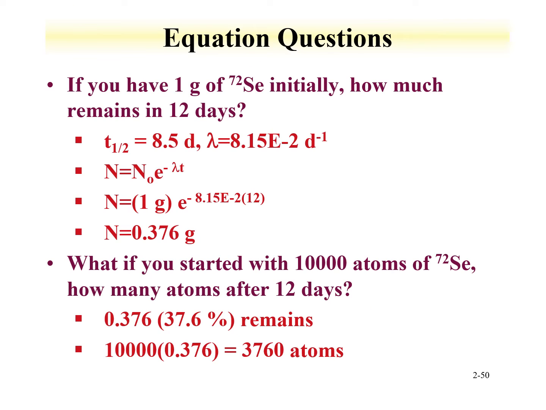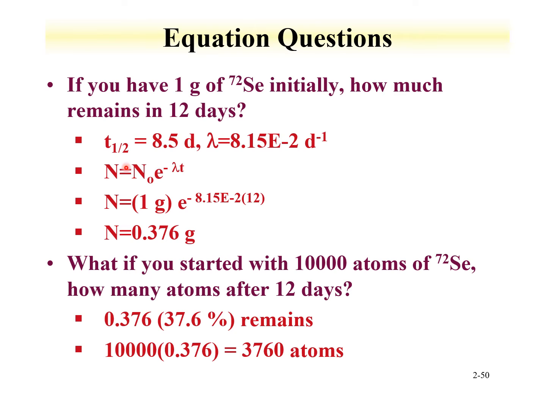Based upon some of the equations that we've reviewed, one should be able to answer some of the following questions. For instance, if you have 1 gram of selenium-72 initially, how much remains after 12 days? Well, the half-life is 8.5 days. The decay constant is log 2 divided by 8.5 days. The number initial times e to the minus lambda t.